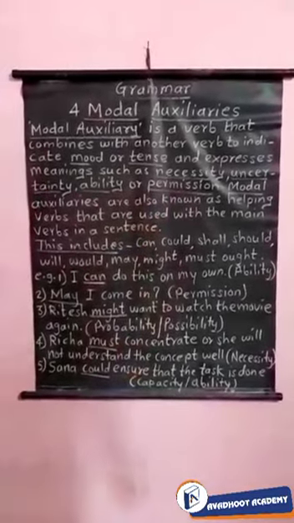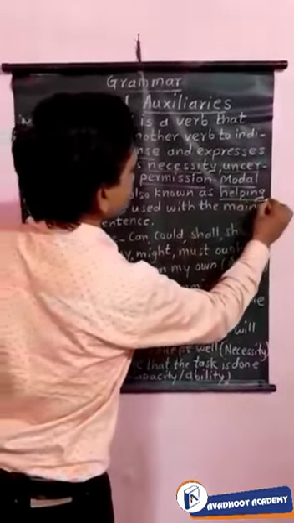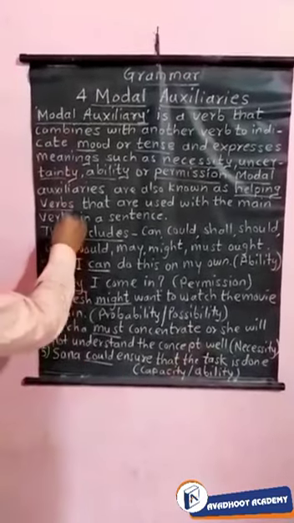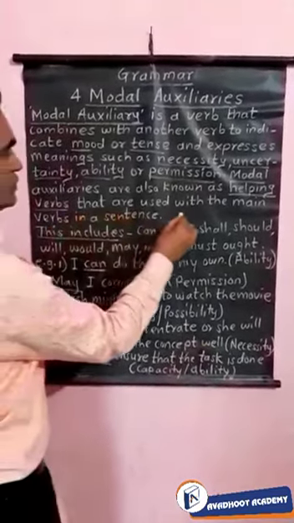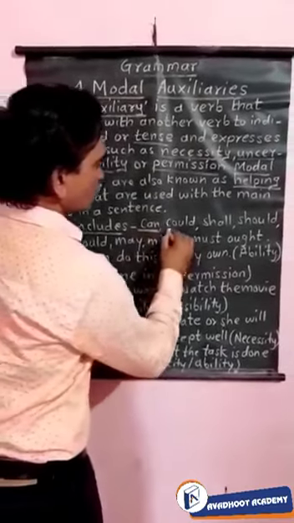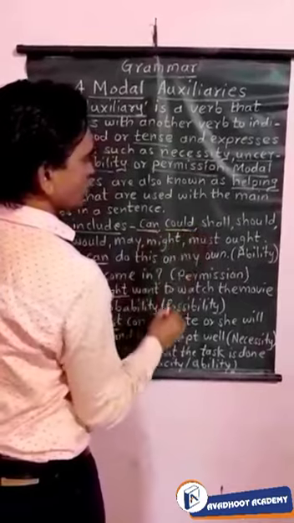Modal auxiliaries are also known as helping verbs. I told you that the similar word for modal auxiliaries is helping verbs, which are used with the main verbs in a sentence. This includes can. Could is the past of can, and it is also a modal auxiliary.